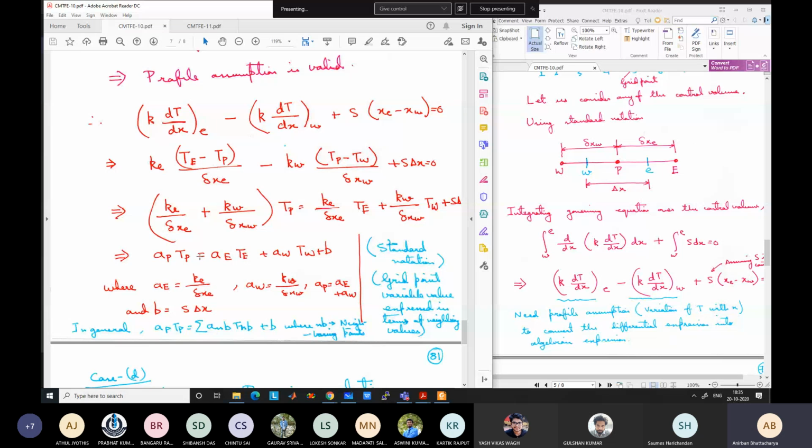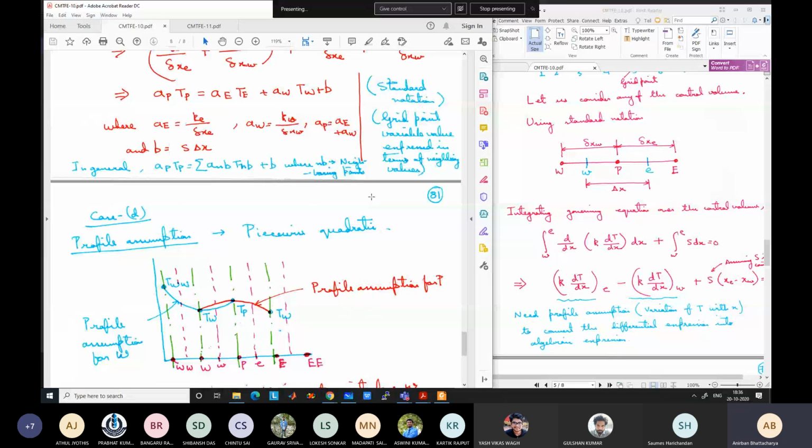So we have seen a few cases, and we have seen what can be a suitable profile assumption for calculating the flux at the interface. Let us try to formulate a more accurate profile assumption. We were thinking of a linear profile assumption. Let us go for a more accurate assumption, a quadratic profile assumption. Why are we assuming that it is more accurate?